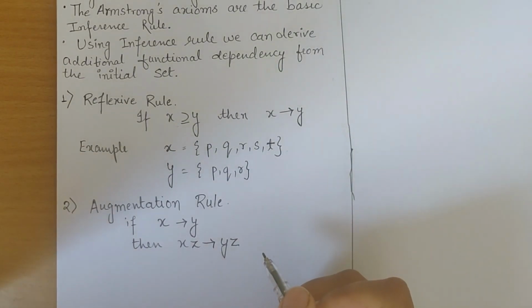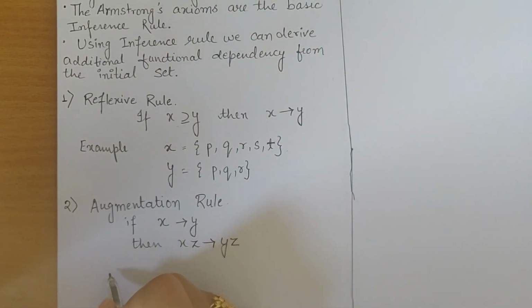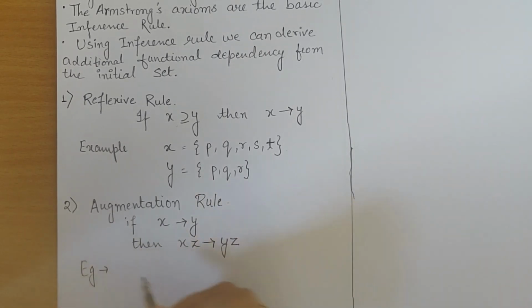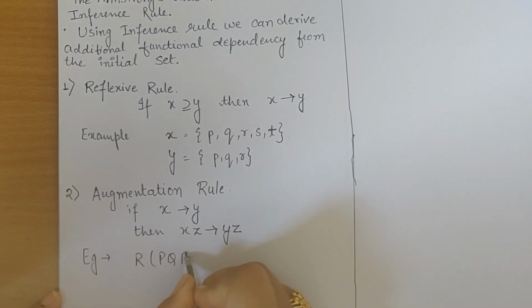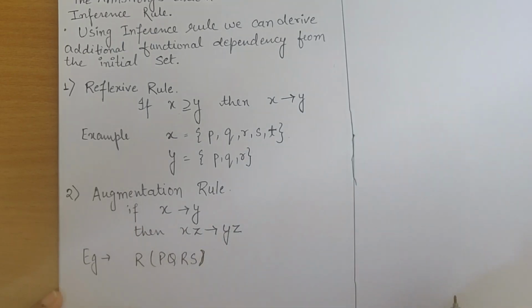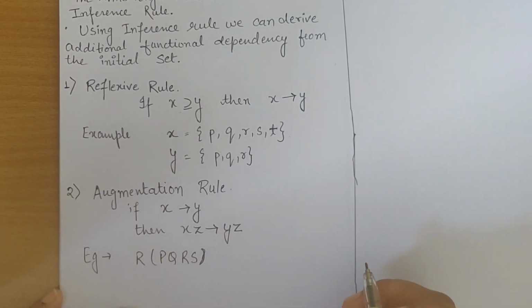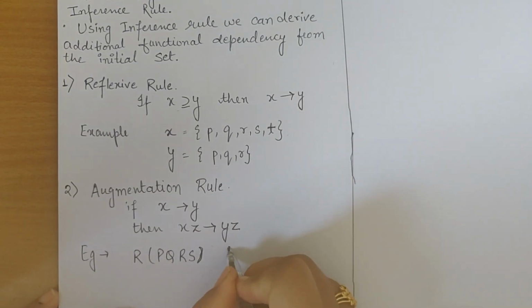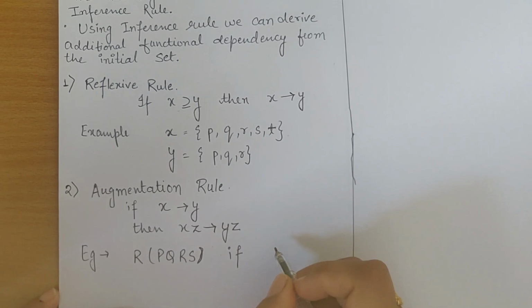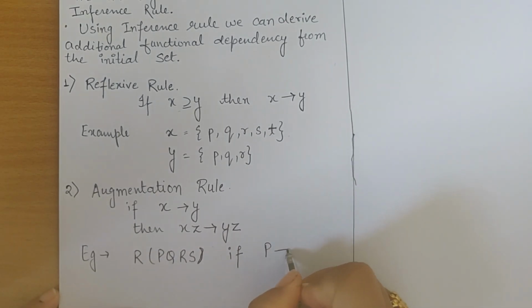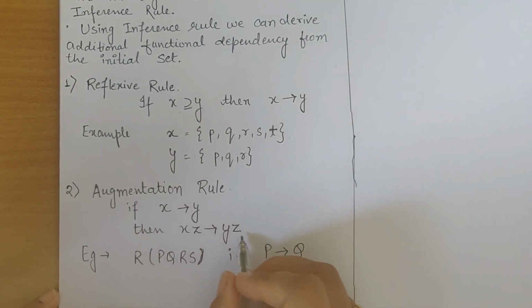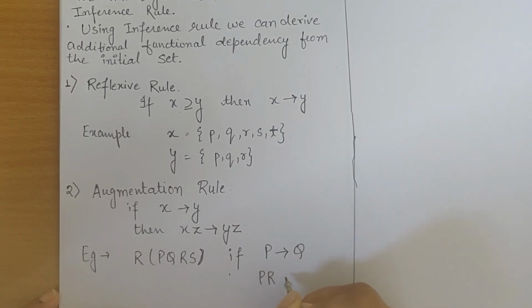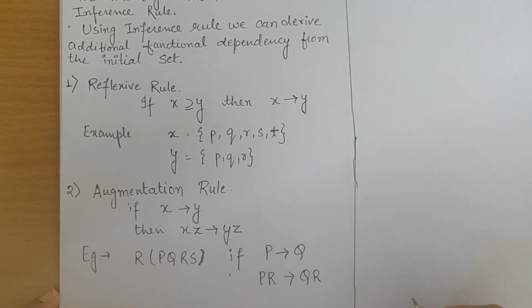Now understand this with an example. Suppose I have a relation R with attributes P, Q, R and S. If P determines Q, then for any particular Z, if I write PR determines QR, it's not wrong.